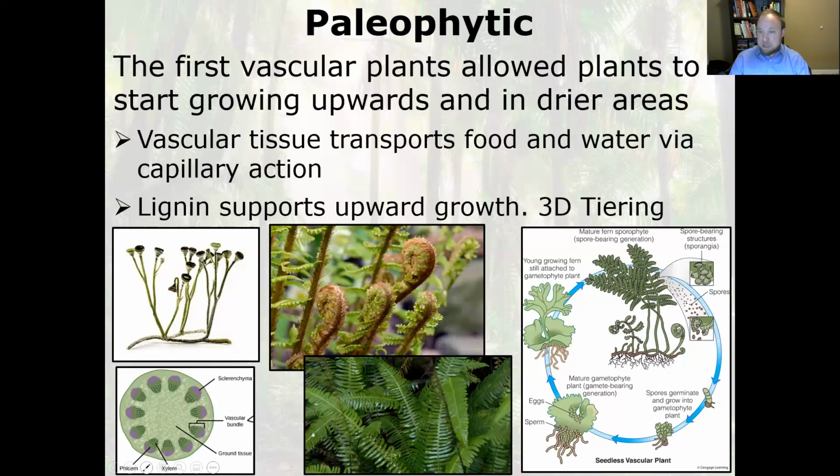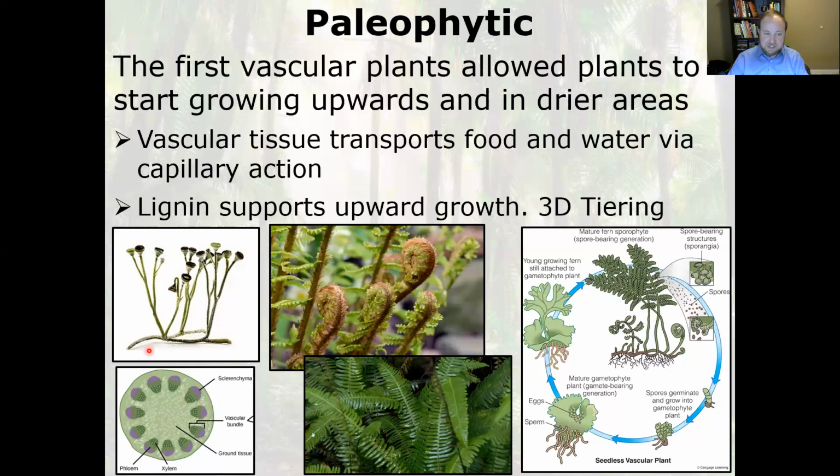In many ways, it's analogous to the marine surface where crinoids start reaching up from the seafloor for the first time, where before that, everything was limited to the 2D surface. So this is the start of 3D tiering. And what we see is that that happens from here on out.